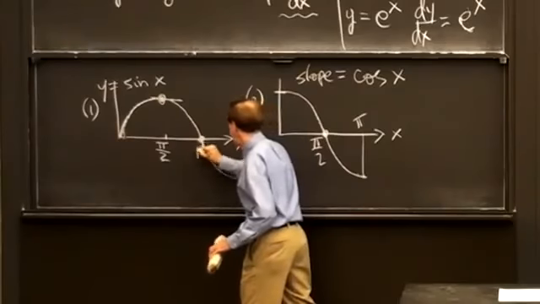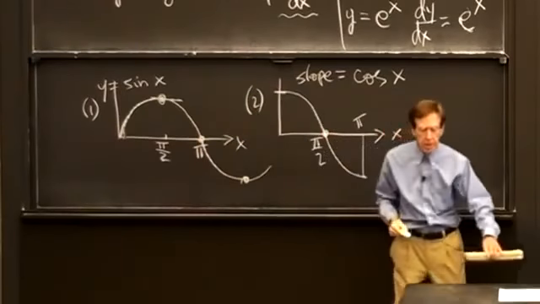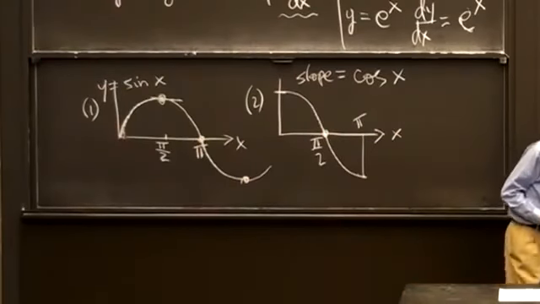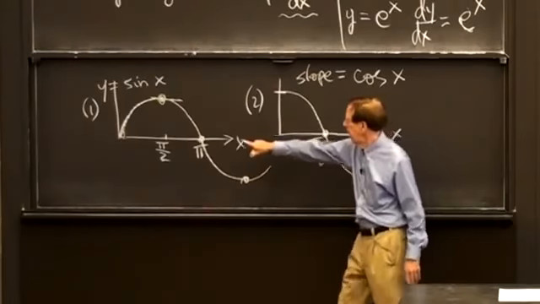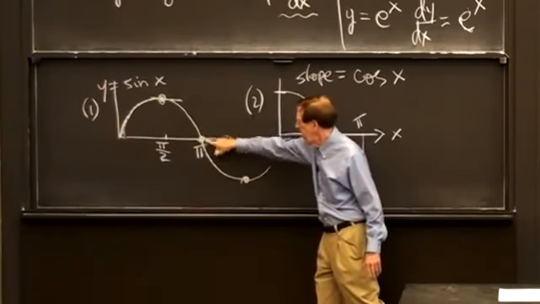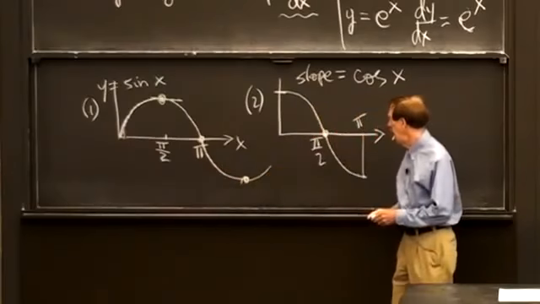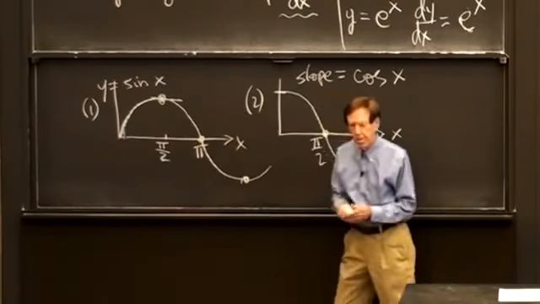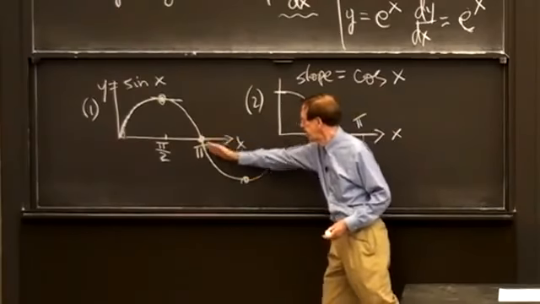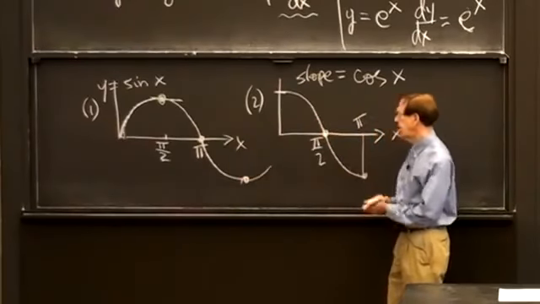This is our pi, 180 degrees, everybody would say. So what's happening on that curve? The function is dropping, and actually it's dropping its fastest at that point, which is the slope is -1.